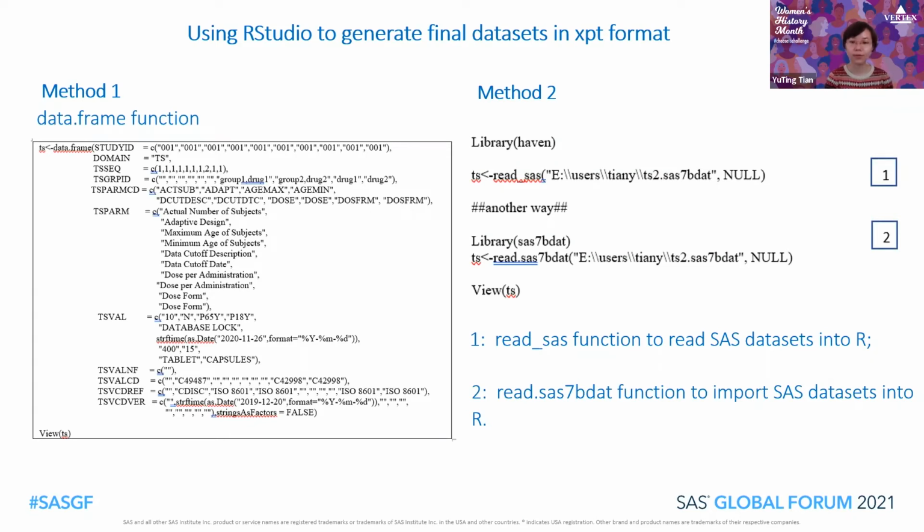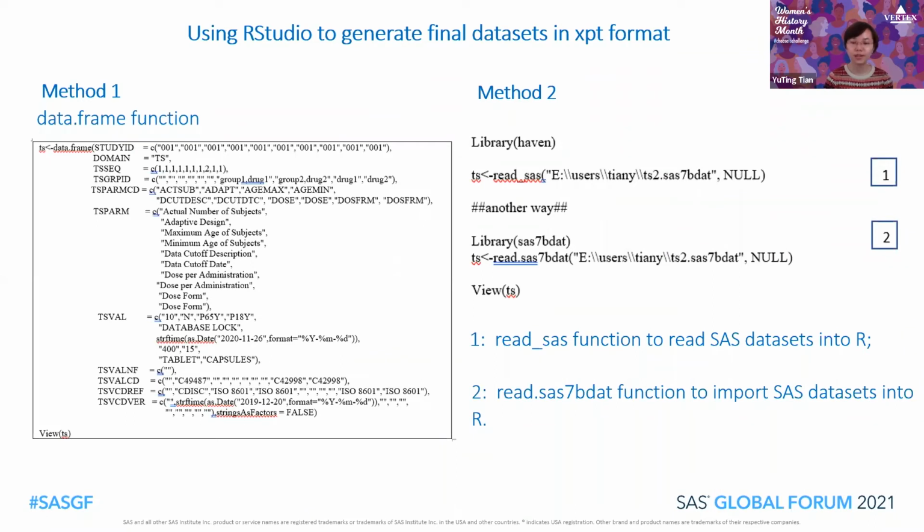However, if we already have a SAS dataset in SAS, then the thing we need to do is just import the SAS dataset from SAS to RStudio. There are some ways we put on the right side, method 2. For method 2, we have another 2 conditions.